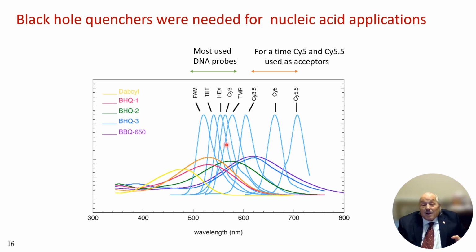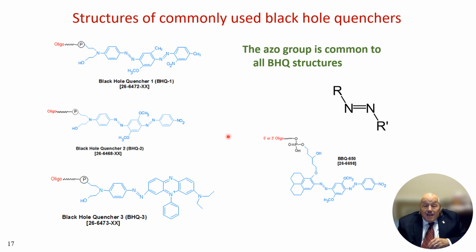So other black hole quenchers had to be made to deal with the sequencing probes. And for a while, they didn't have the black hole quenchers, so they actually used long wavelength CY5 dyes to be the acceptors and filtered out their emission. But that was quickly corrected, and black hole quenchers have been made for just about any wavelength region.